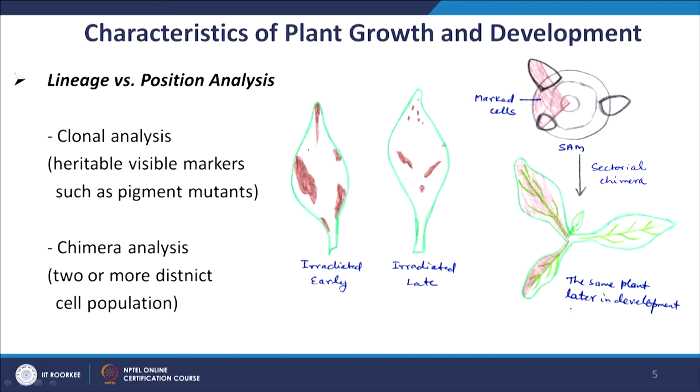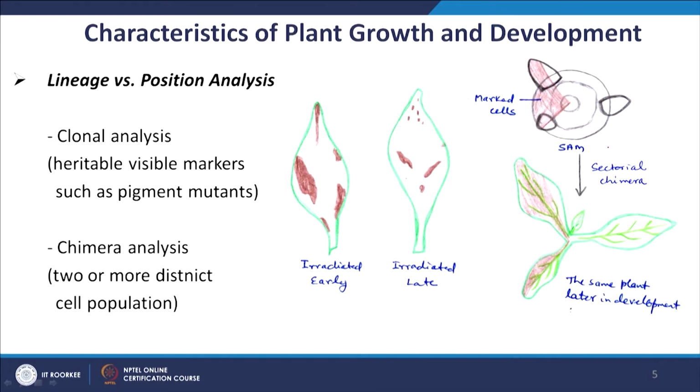Chimeras are a kind of plant which might have two or more distinct cell populations. So, if you take this example, let us assume that this is a top view of a plant and it has a kind of sectorial chimera. One small portion or sector of this growing meristem has certain marked cells and others are unmarked cells.